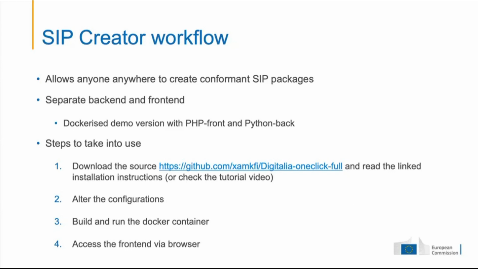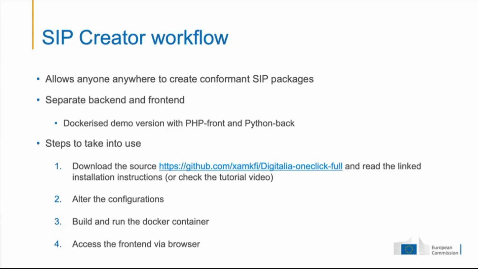There is a Python library called watchdog, which watches certain folders, and when something comes in, it just starts creating these IP packages. So in case you don't like this PHP front end, you can just take it off and build your own front end to this backend solution.